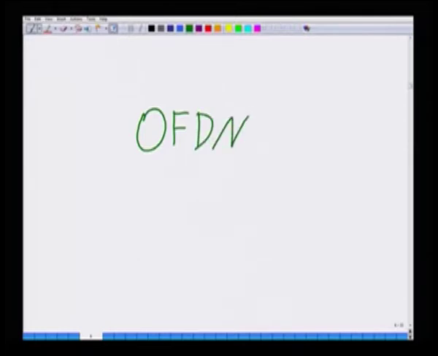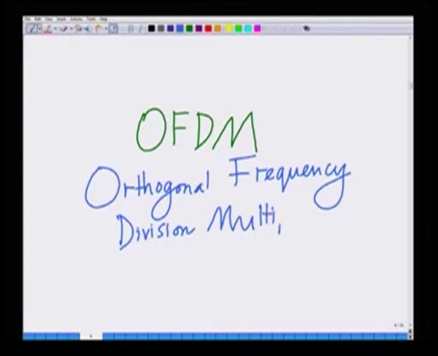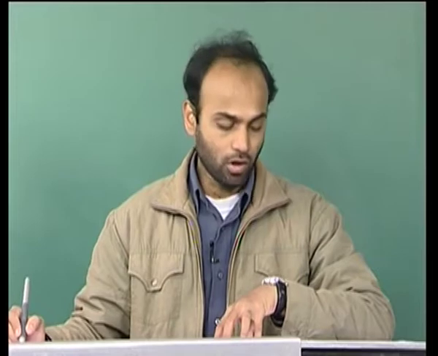So, the new module that we are going to start talking about is OFDM, which stands for orthogonal frequency division multiplexing, all right, and this is a revolutionary communication technology.